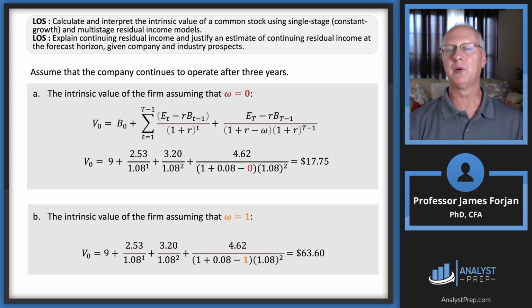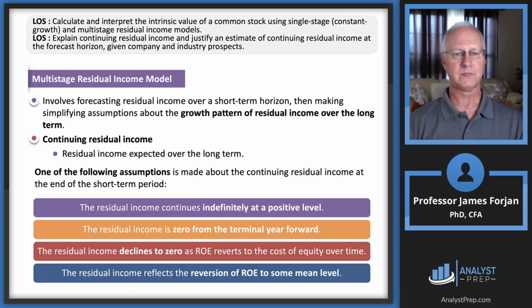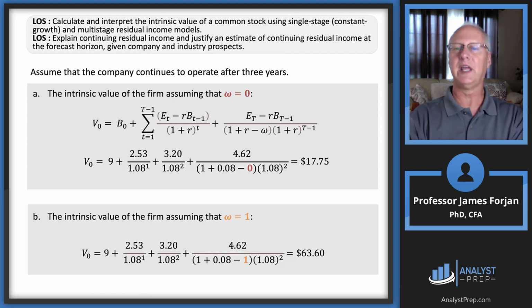But with a persistence factor of 0, we're assuming, here, let me just go back here and remind you, where was this? Look at the orange block. The residual income is 0 from the terminal year forward, which, look at the answer, 1775. This is the answer that we got if the firm was going to liquidate after 3 years.